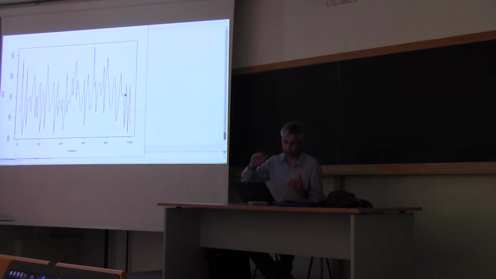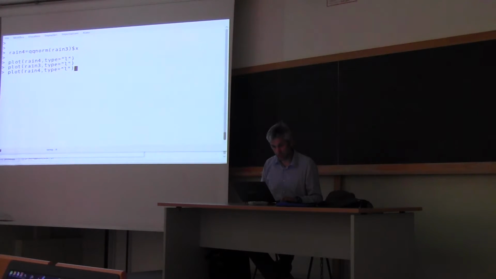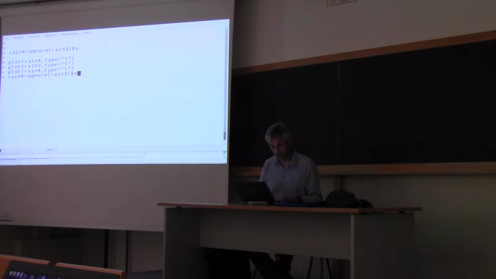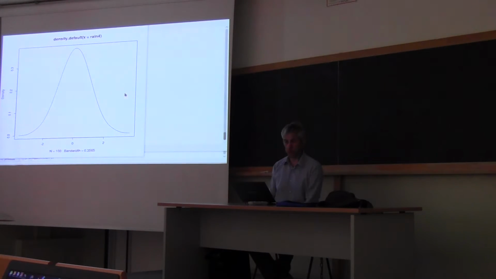You see that the scale goes from 1000 to 1800. But if you look at the general shape, there is not much difference. There are some differences, of course, but it's very similar. What is changing is the scale, and also if you look at the density, you see that it's perfectly Gaussian, perfectly symmetric.